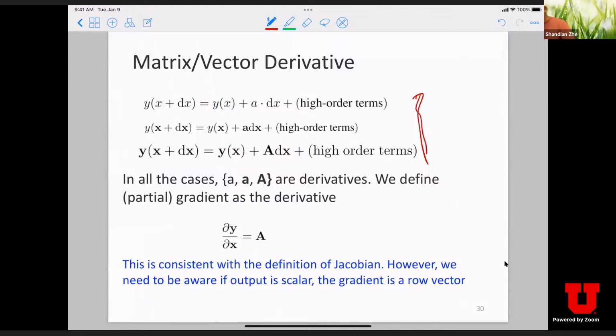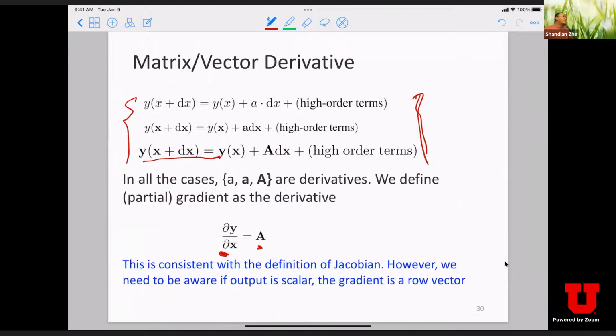We can see that no matter whether it is scalar form, scalar to vector, or vector to vector, it has the same kind of definition. That is, the derivative of the function value can be written as a linear transformation of the derivative of the input. So then we define the gradient, partial y over partial x, as the derivative A.